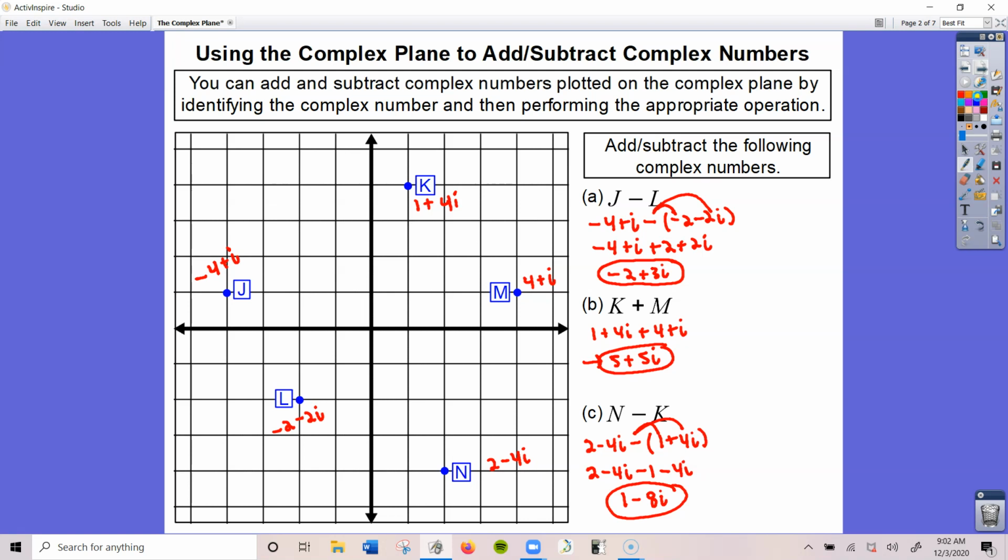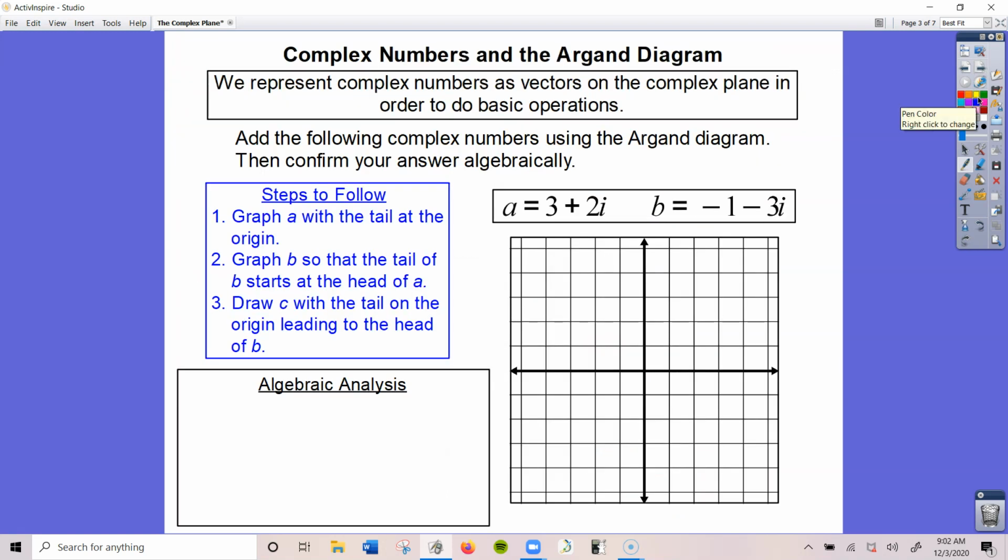Now those are pretty easy to do, and another way of adding and subtracting complex numbers is by using something called the Argand diagram. The Argand diagram uses vectors to represent these complex numbers. A vector looks like a ray. It starts with a point and then goes to a head, which is like an arrow.